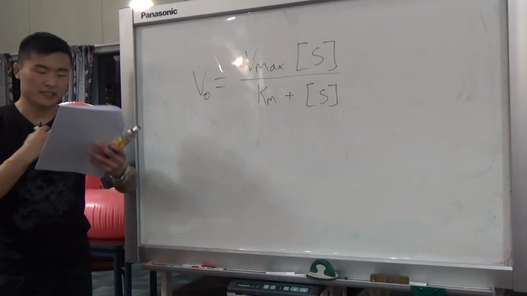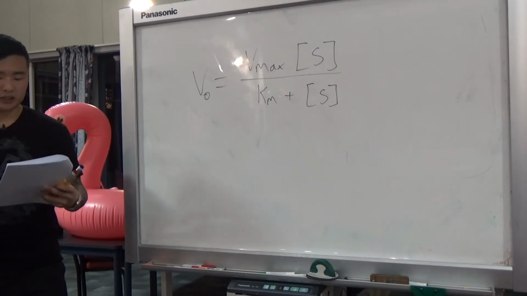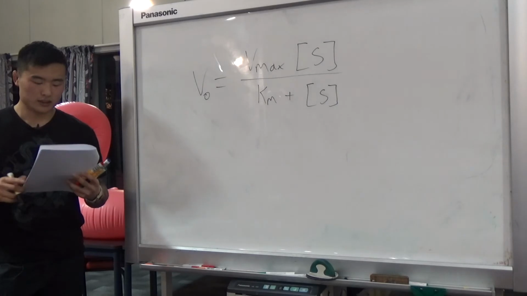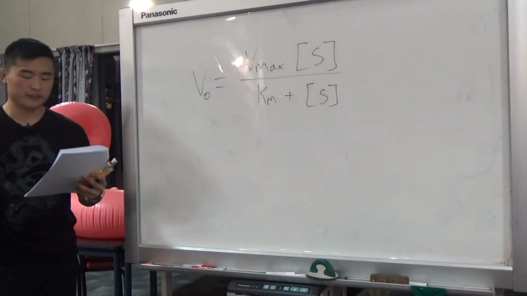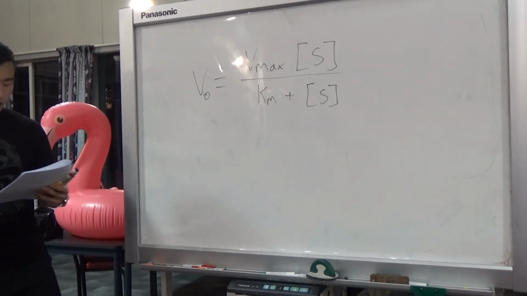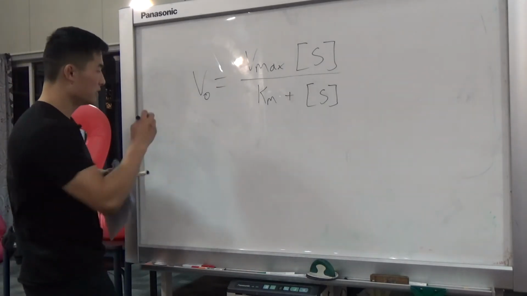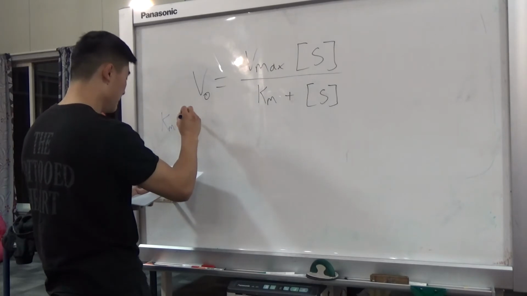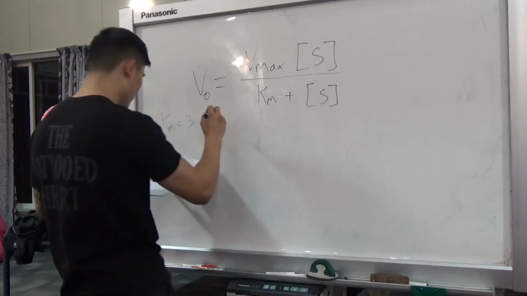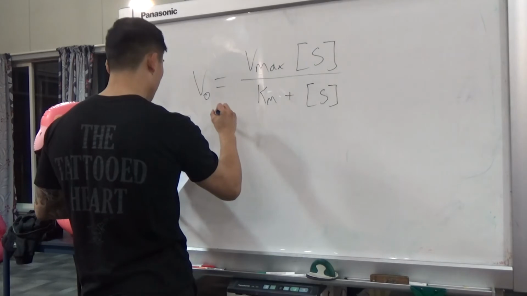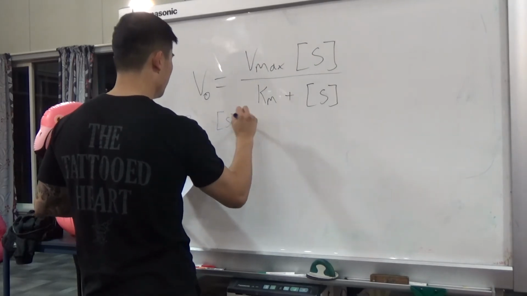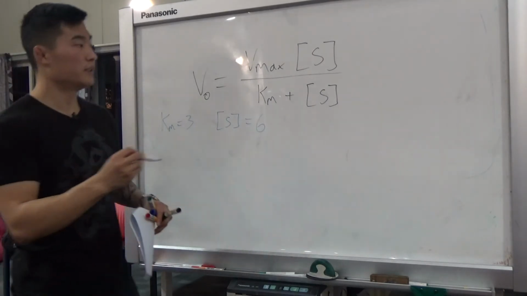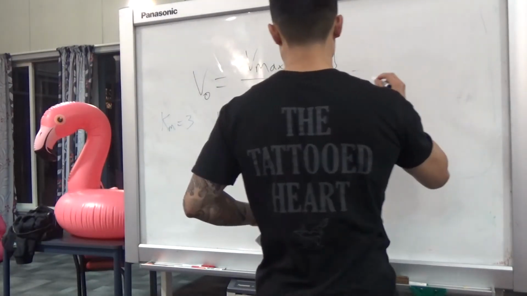And so number 12: if an enzyme has a Km of 3 millimolar and the concentration of substrate in the reaction is 6 millimolar, what's the reaction rate as a proportion of Vmax? So you've got Km equal to 3, and you've got the substrate concentration equal to 6. So you're going to just put that in your equation.